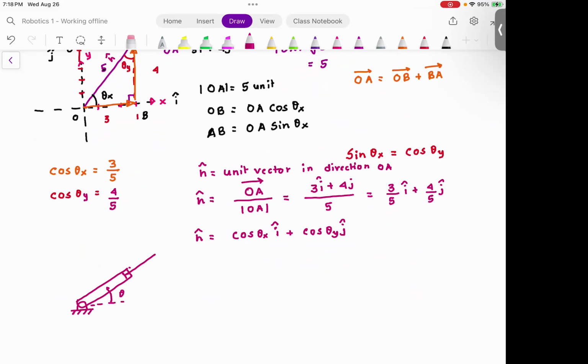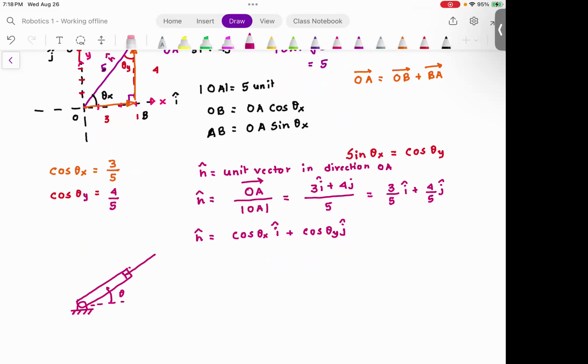Now this is actually a robot. So what you have is a prismatic joint, which is like an extension or a lead screw, connected to a hinge or the revolute joint. So you have a prismatic joint connected to the revolute joint.